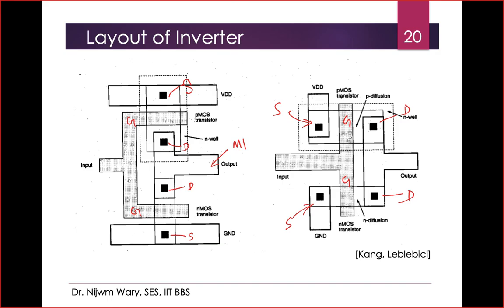They are shorted, and the input can be connected here, and this is again the metal 1. This is the polysilicon, where the input can be connected. So this is another configuration for the layout of the CMOS inverter.